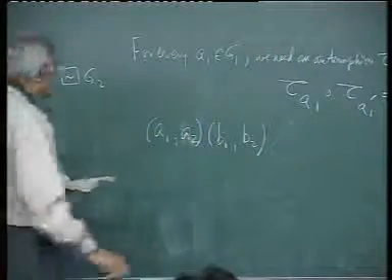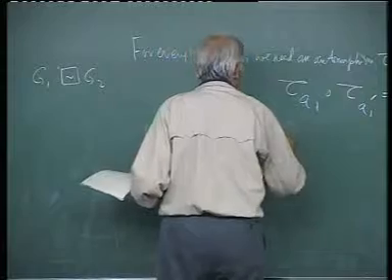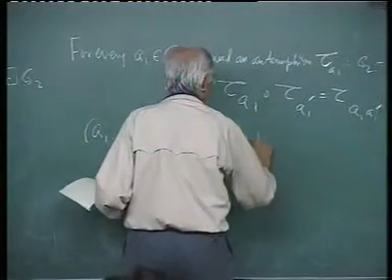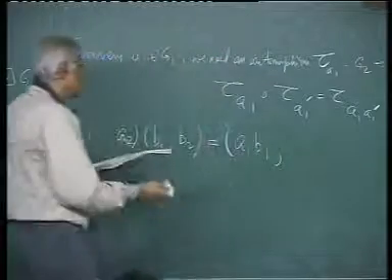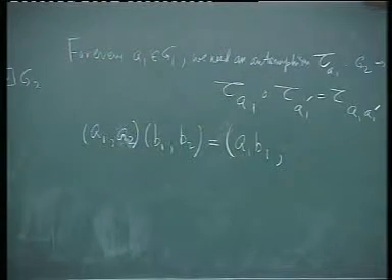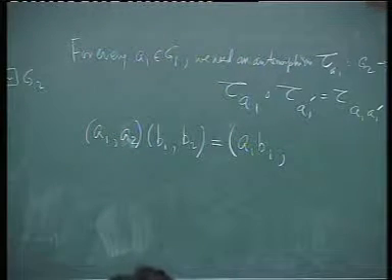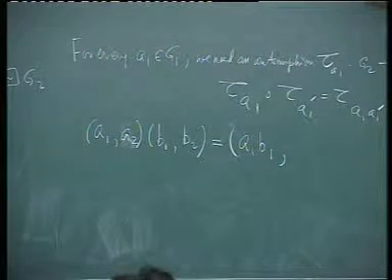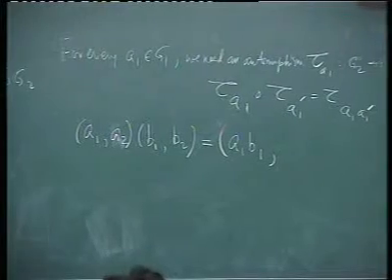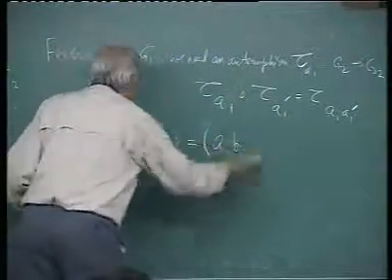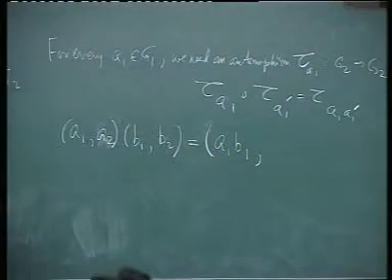The composition rule in this new group is quite delicate. As far as G1 is concerned, it minds its own business. It is exactly as it was in the case of a direct product. But when you come to the elements drawn from G2, the entry here is not just A2 times B2.